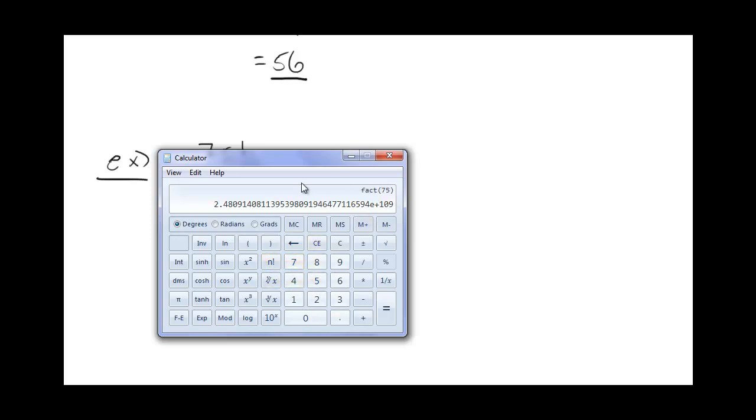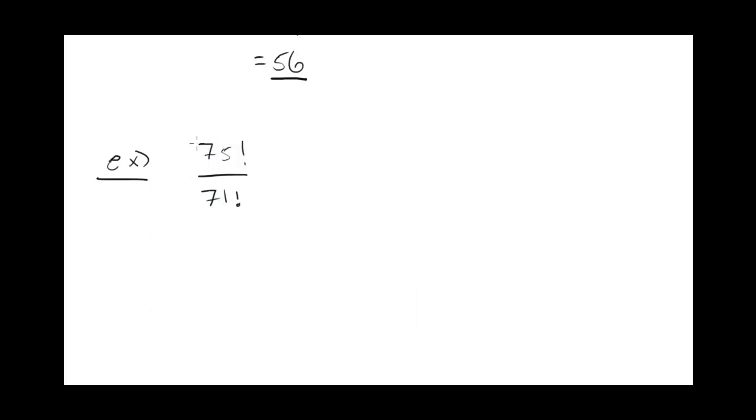What is that? Well, that's an exponent with 100 decimal places. Your calculator likely gives you math error because it can't even handle a number that big. So we can't do 75 factorial. It's too big. I'm not sure how big. Most calculators will probably go to about 60, and then it's too many digits and they'll give you a math error. Doesn't mean there's not a number, it just means it's too big for your calculator to handle.